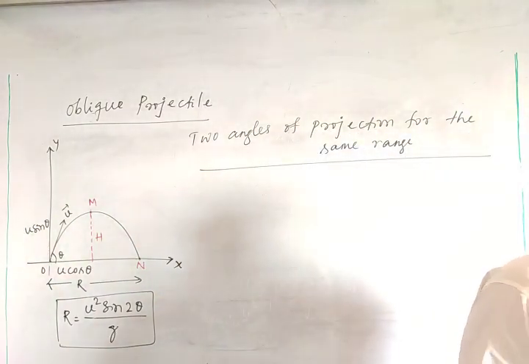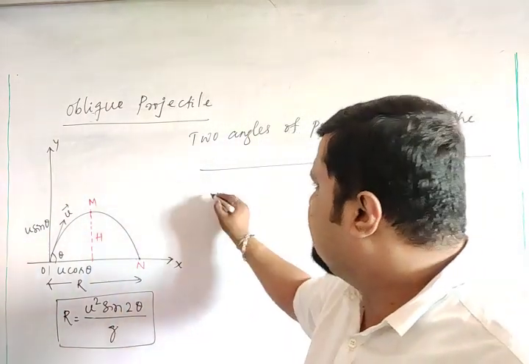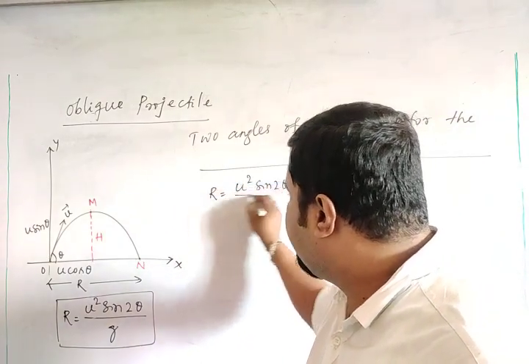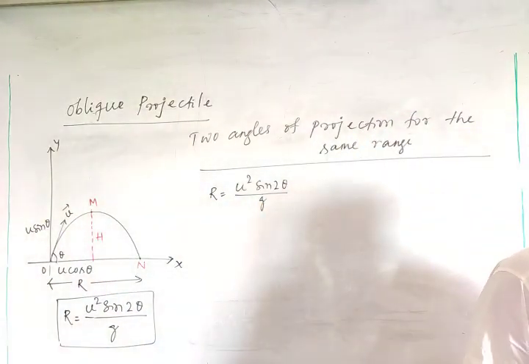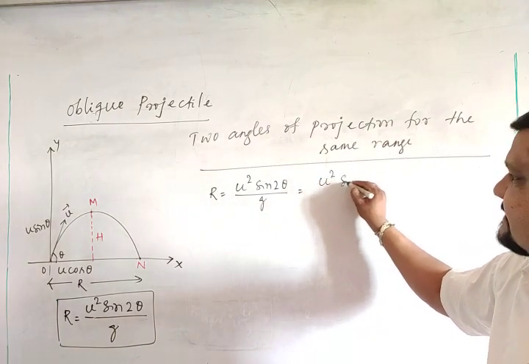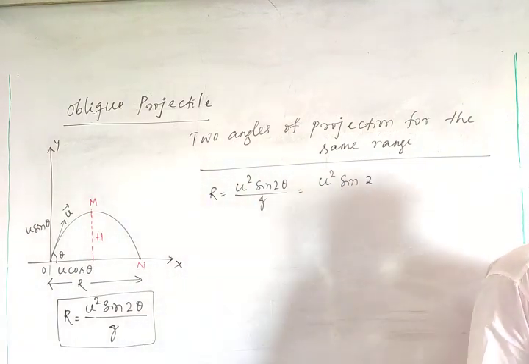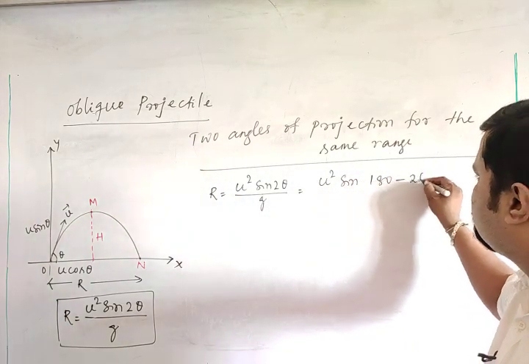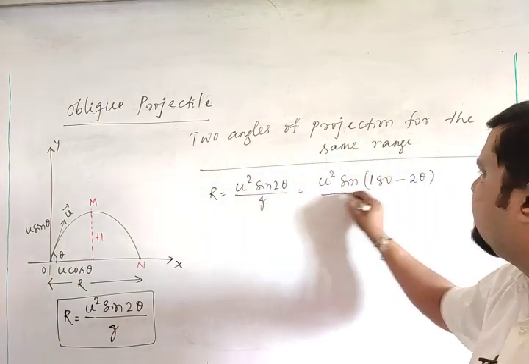As you know, the range R is equal to u square sin 2 theta by g, if a projectile is projected at an angle theta. Now in place of sin 2 theta, I can write sin of 180 minus 2 theta, because sin of 180 minus theta is sin theta.